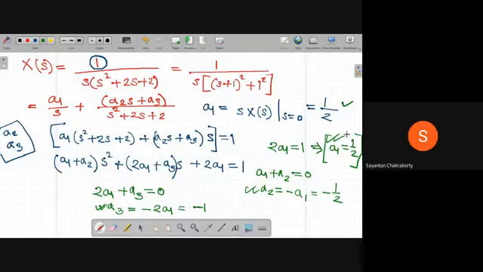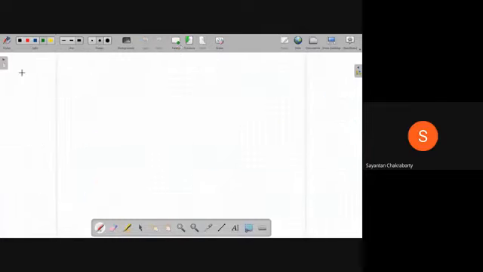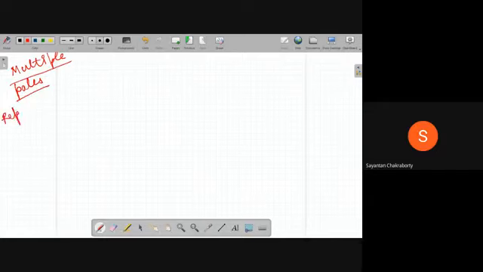So I shall not reiterate the next steps. So let's move on to the next part. That is, in the third case, we have multiple poles or repeated poles. How?